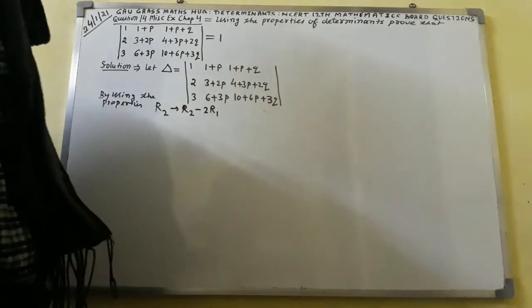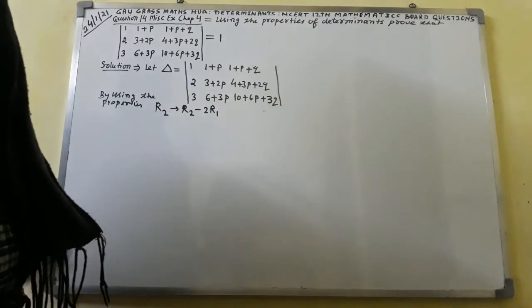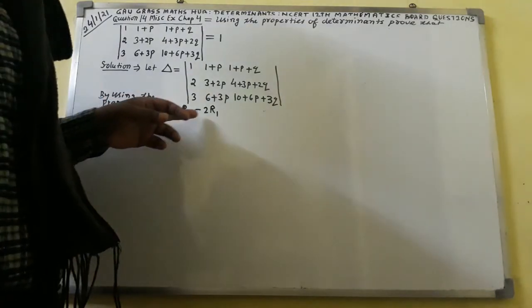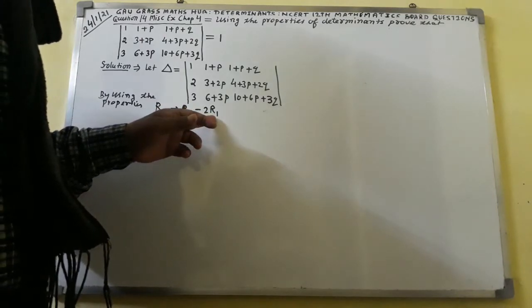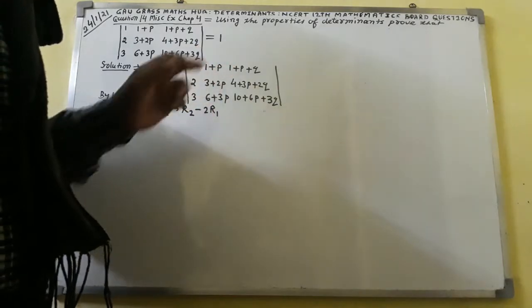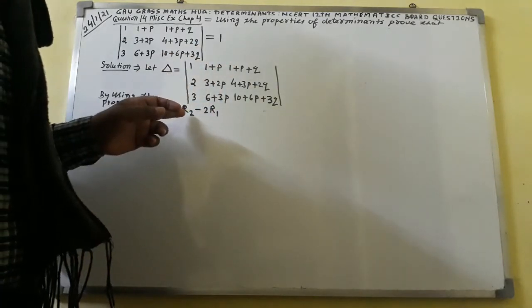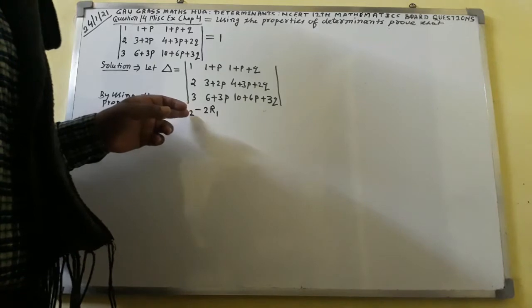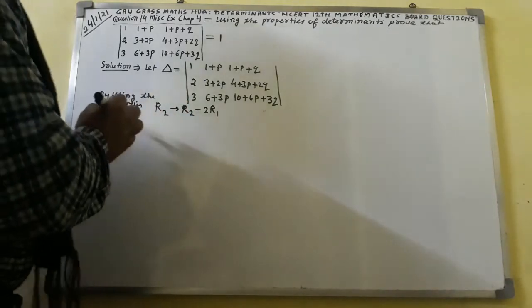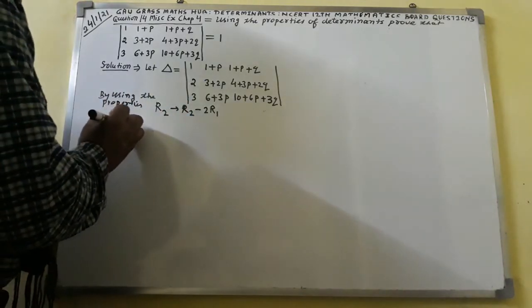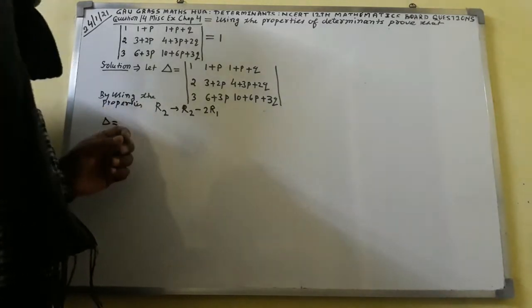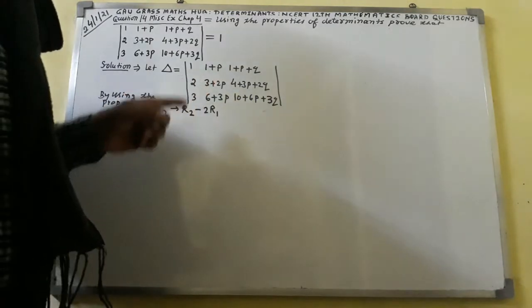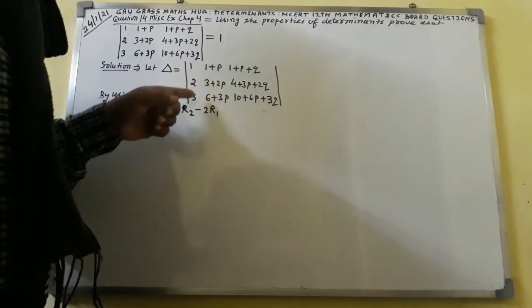This property I shall use. R2 goes to R2 minus 2 times R1. This means that each element of R1 will get multiplied by 2, and thereafter it will be subtracted from R2. This means that changes will occur only in the second row. There will be no changes in first row and third row.